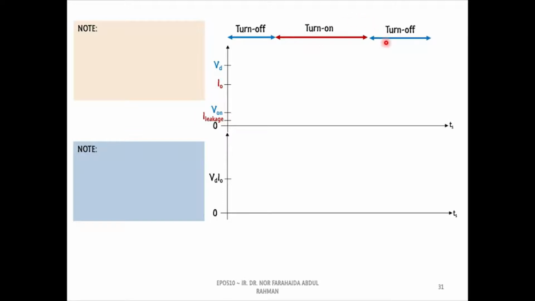and vice versa. According to the previous explanation, we can sketch the waveform of leakage current during the off state and the conducted current during the on state like this.